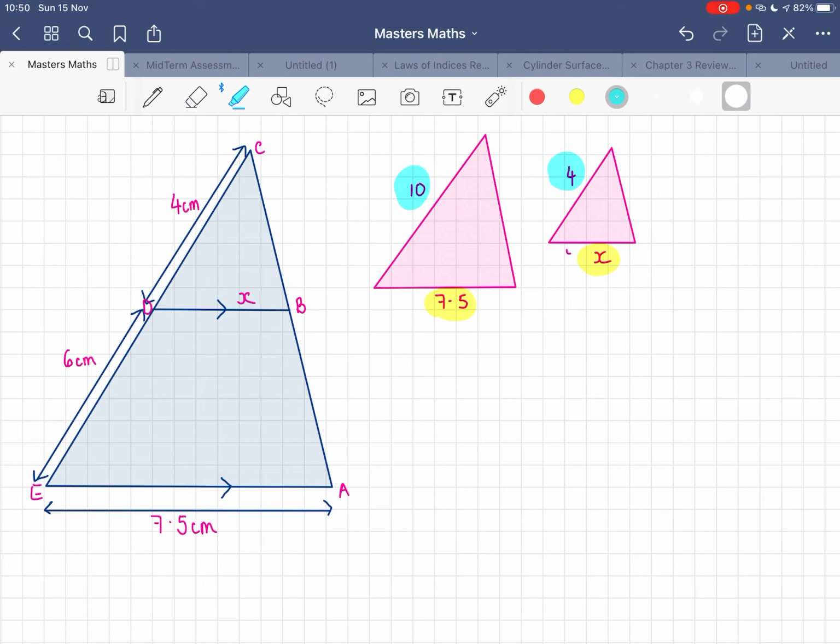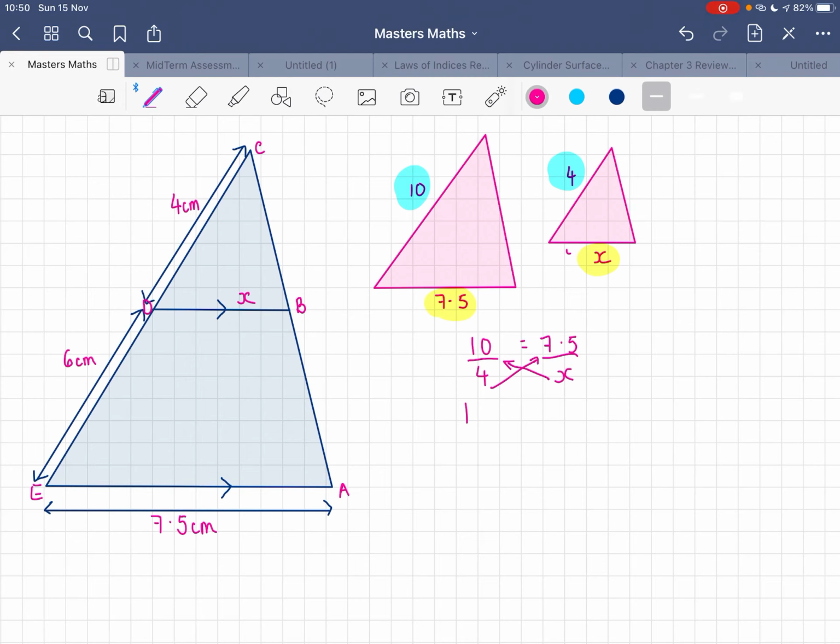So I'm going to do 10 divided by 4, and I'm going to put it equal to 7.5 divided by X. So I'm taking the corresponding sides and dividing them and putting it equal to the fraction of the other two corresponding sides. I'm going to cross multiply again, so I'm going to multiply X over to this side, and I'm going to multiply 4 over to that side.